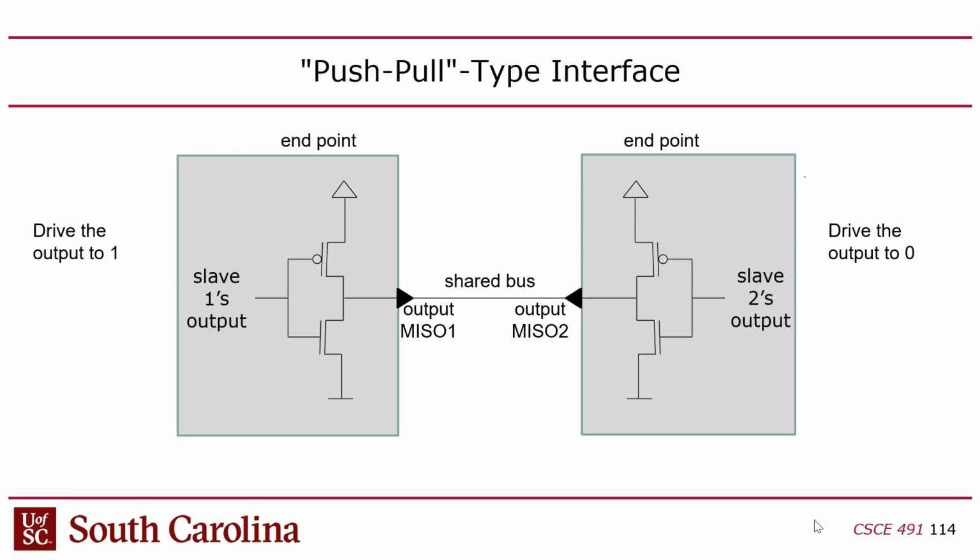Typically this wire is going to be off on the circuit board somewhere. But there are two chips, and one of them is, say, pulling up, so this PMOS is on, and the other one is pulling down. This NMOS is on.